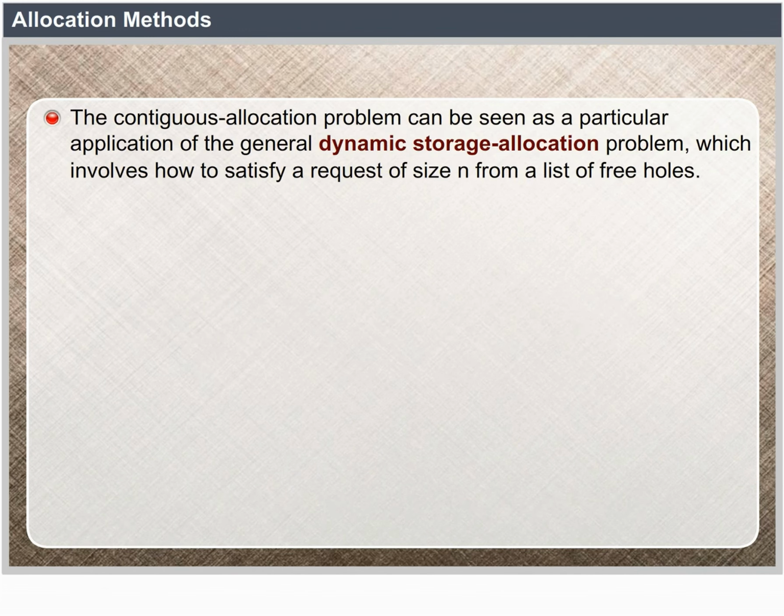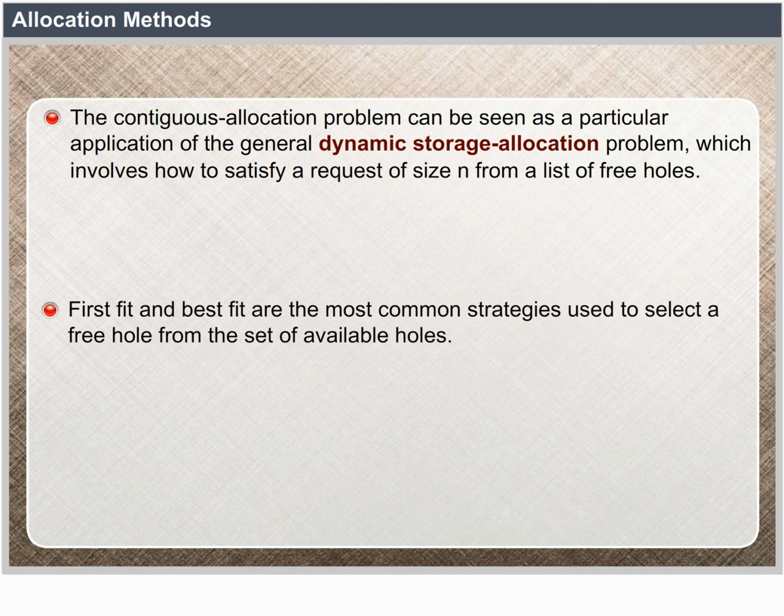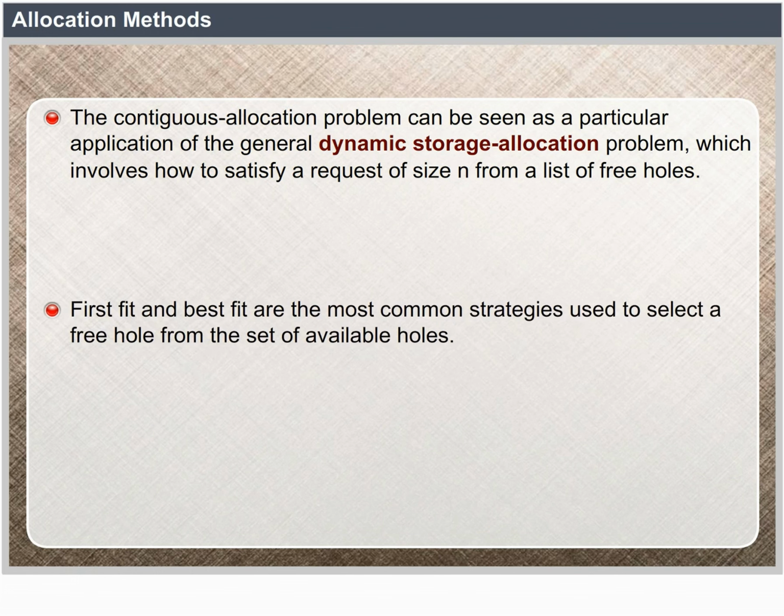The contiguous allocation problem can be seen as a particular application of the general dynamic storage allocation problem, which involves how to satisfy a request of size n from a list of free holes. First fit and best fit are the most common strategies used to select a free hole from the set of available holes.